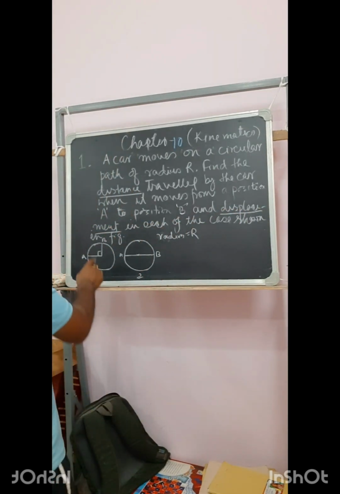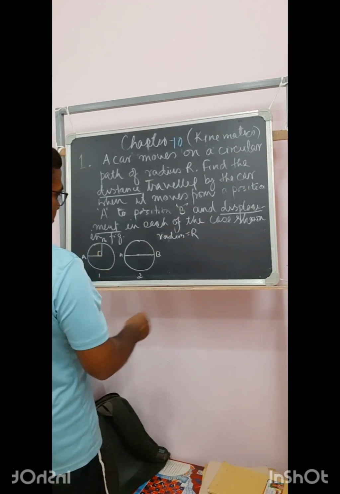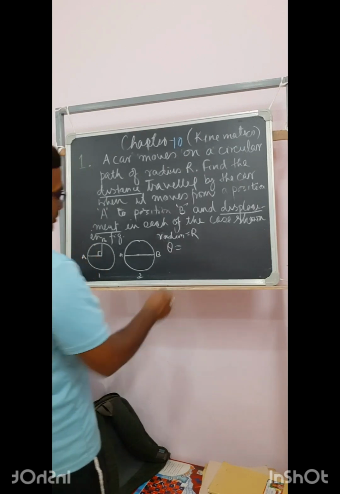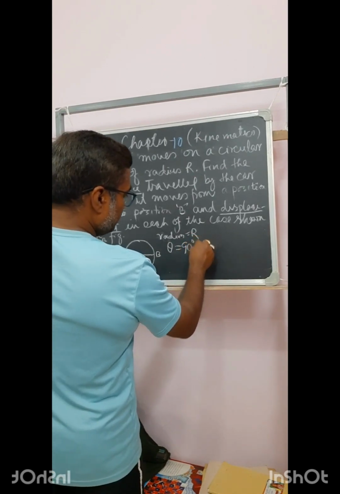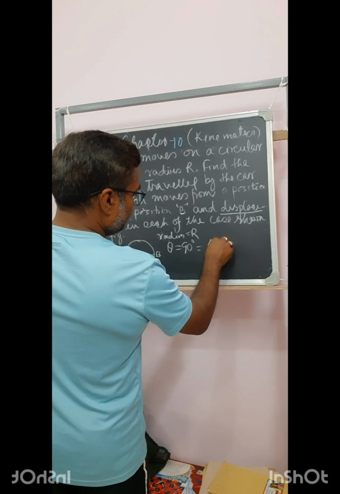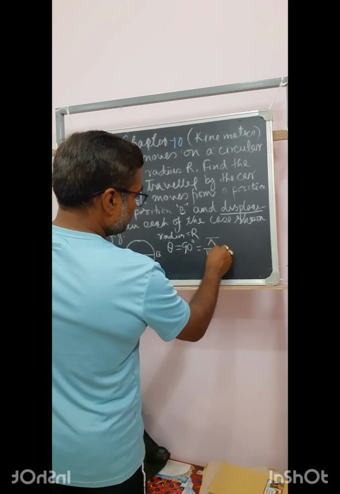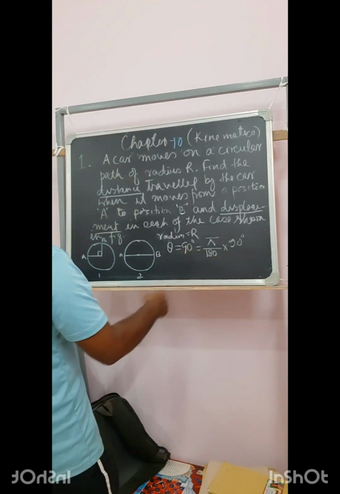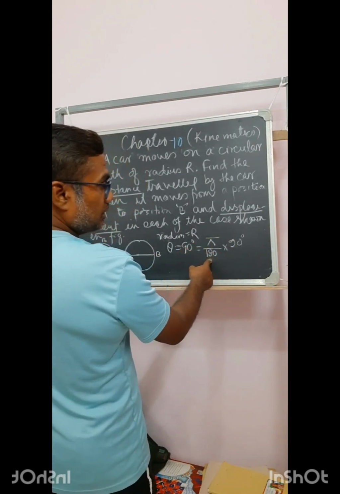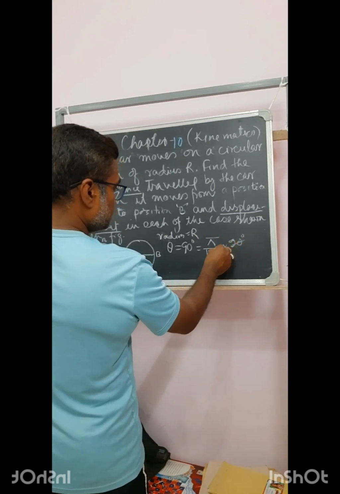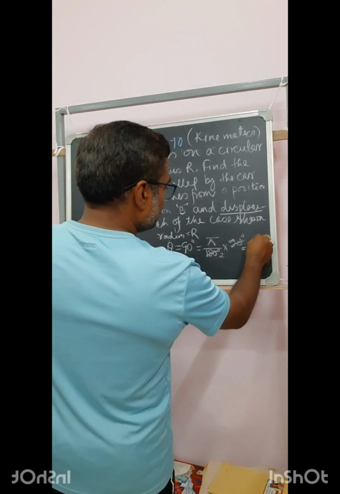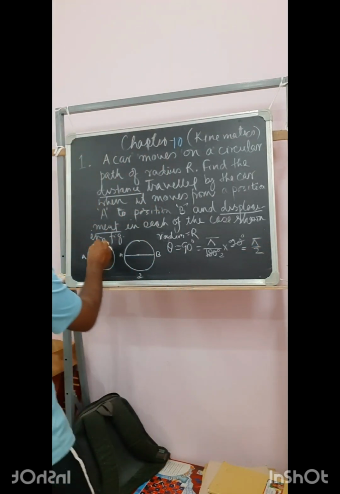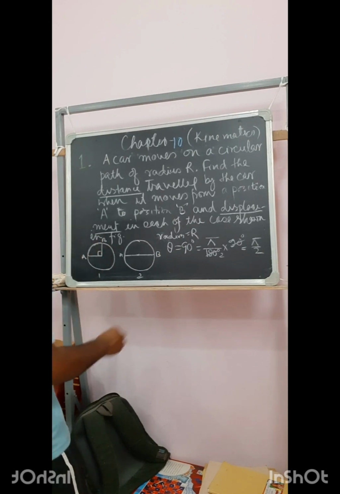Now consider the first case. So the first case, the theta is how much? This is 90 degree. So 90 degree is how much in radian? It is pi by 180 into 90. As I said, any degree can be converted into radian by multiplying by pi by 180. So this becomes pi by 2. Okay, the first part is over. So what is A to B? The arc length.